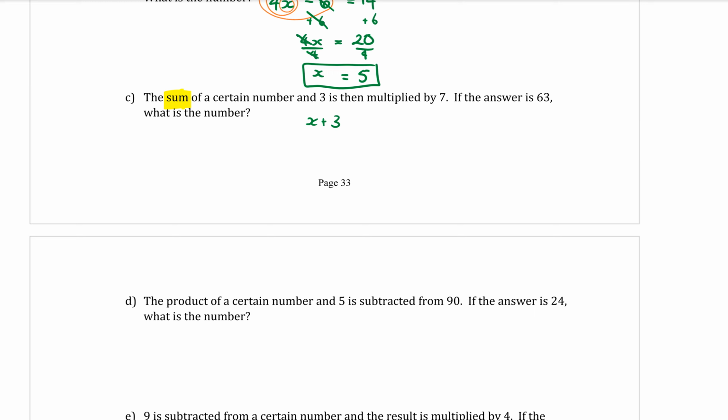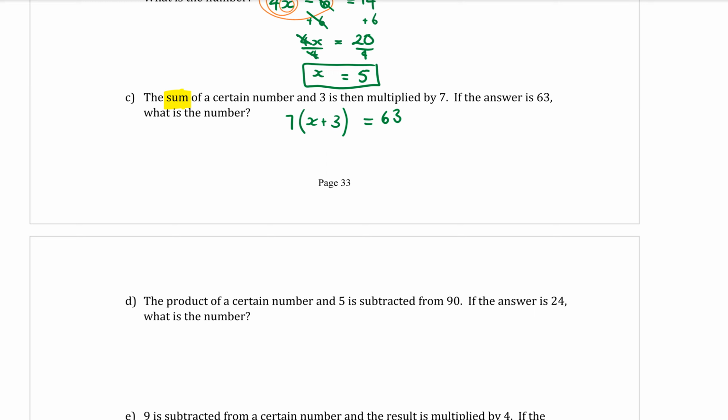That has to be multiplied by 7. That means all of it. So for the first time, I actually have to use brackets and multiply that by 7. The answer is 63, so that means equals 63. What should I always do if there are brackets? Do the brackets first. Yeah, expand them, right?